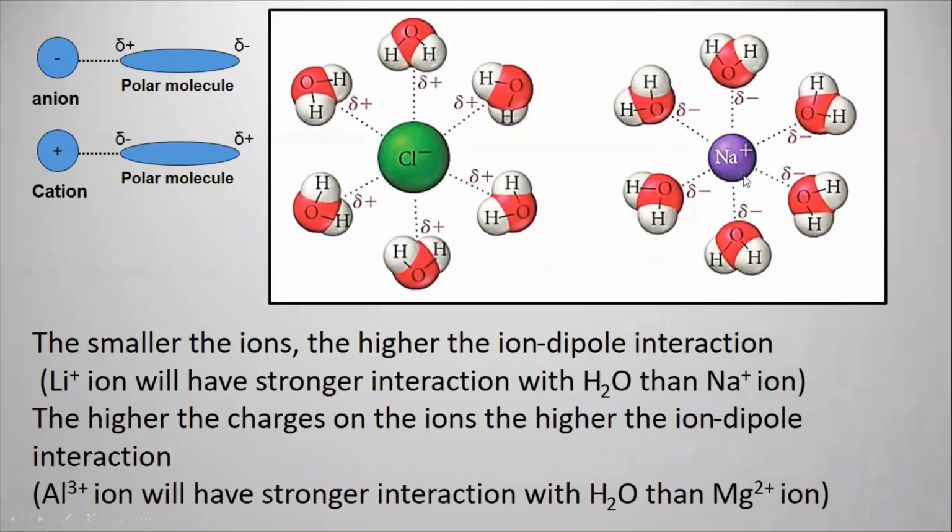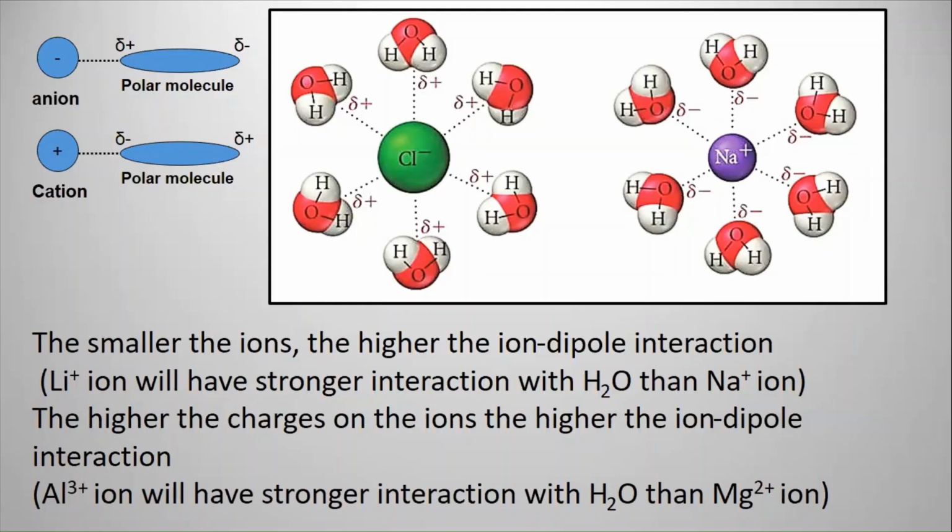So if this is positive 2 or positive 3, if this is a different positive, if this is magnesium or aluminum, then you're going to have a stronger interaction. Why are you going to have stronger interaction? Because the higher the positive, the higher the electrostatic attraction forces. The electrostatic attraction forces depend on the charges. The higher the charges, the higher the interaction.